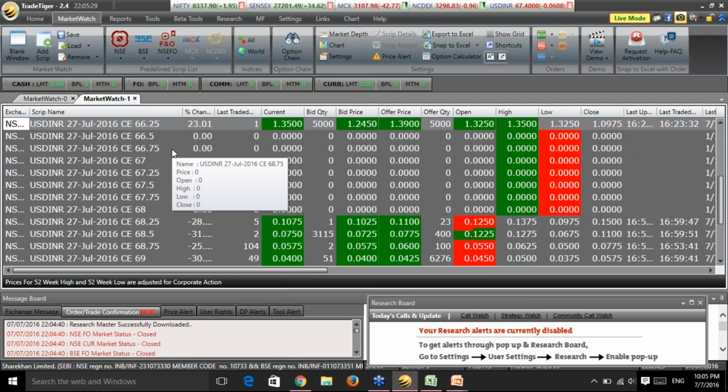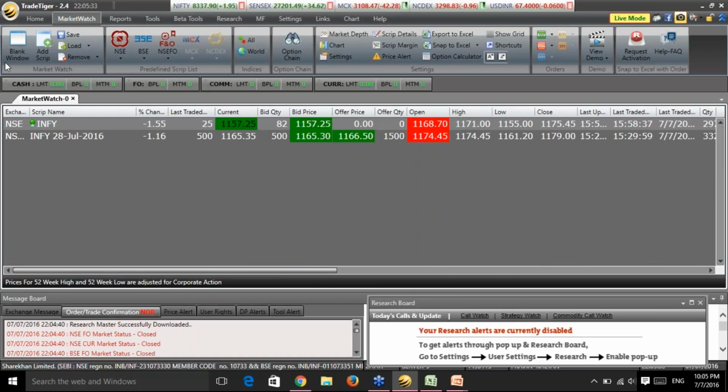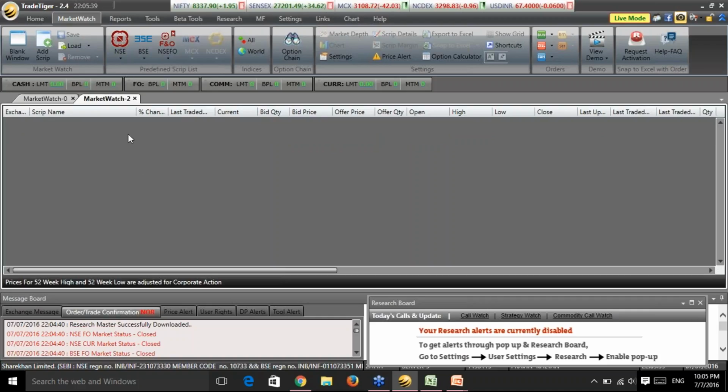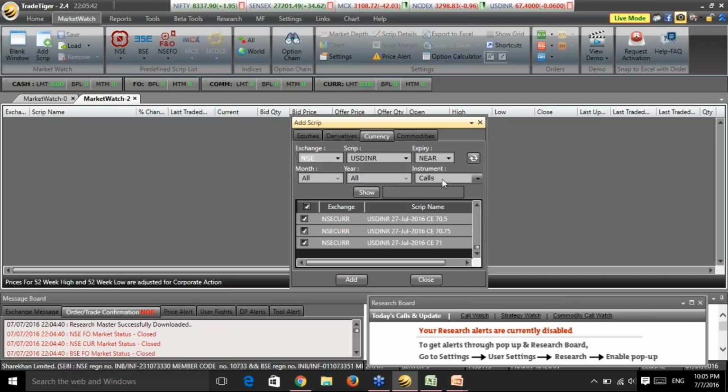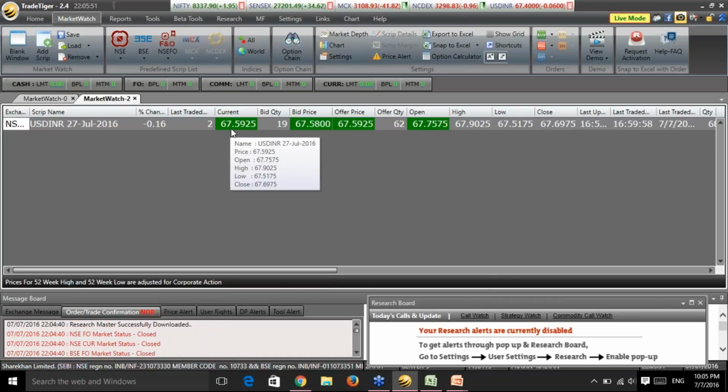Now, what is the strike price? So what I can do is add a blank window and add a script. Let me see the futures. Add. Now this is the spot price, or the underlying asset, I can say.